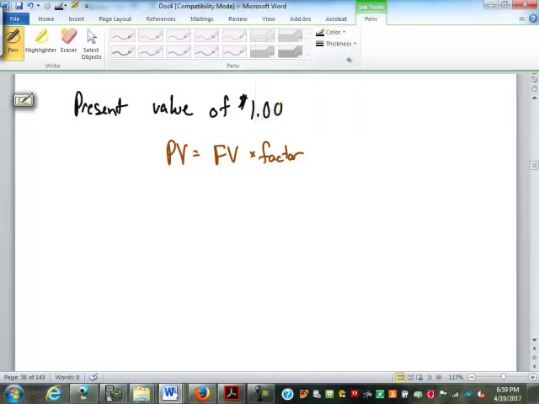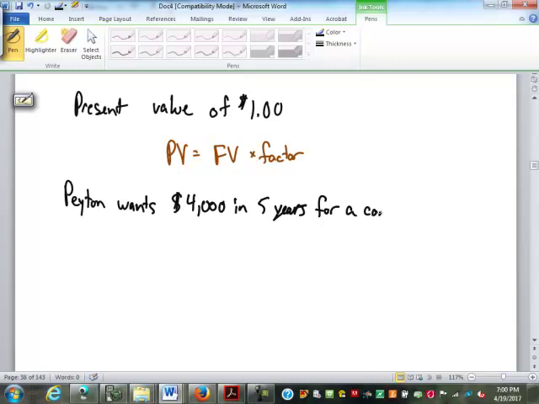So let's take a look at a present value problem. Let's say Peyton wants $4,000 in 5 years for a car.